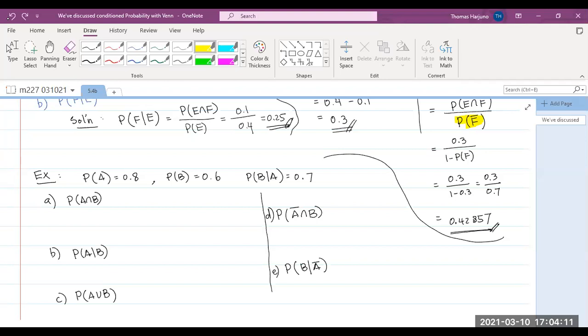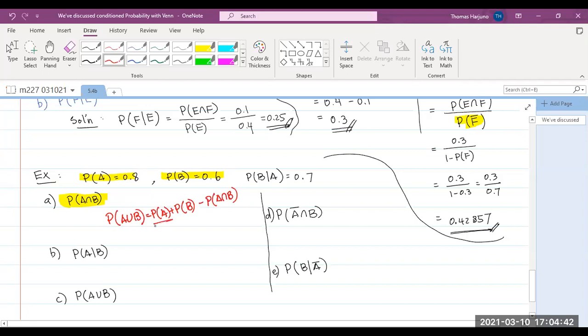Now, for us to find the probability of the intersection, before in the past, you needed the probability of A, the probability of B, and the probability of the union. Remember that? The probability of the union equals the probability of A plus the probability of B minus the probability of the intersection.